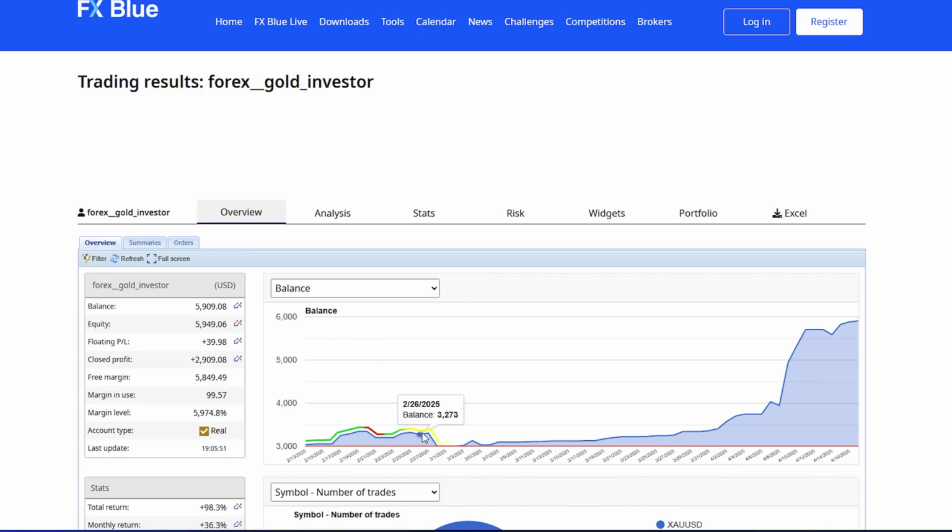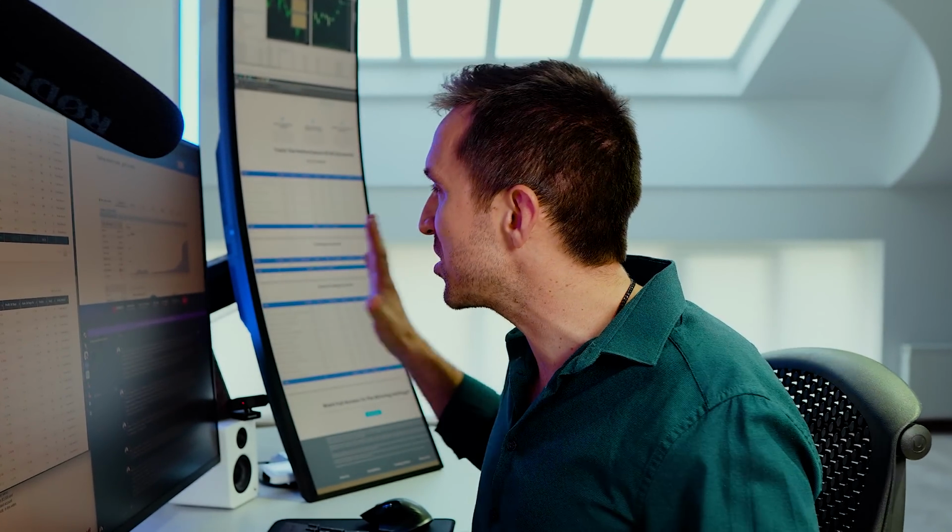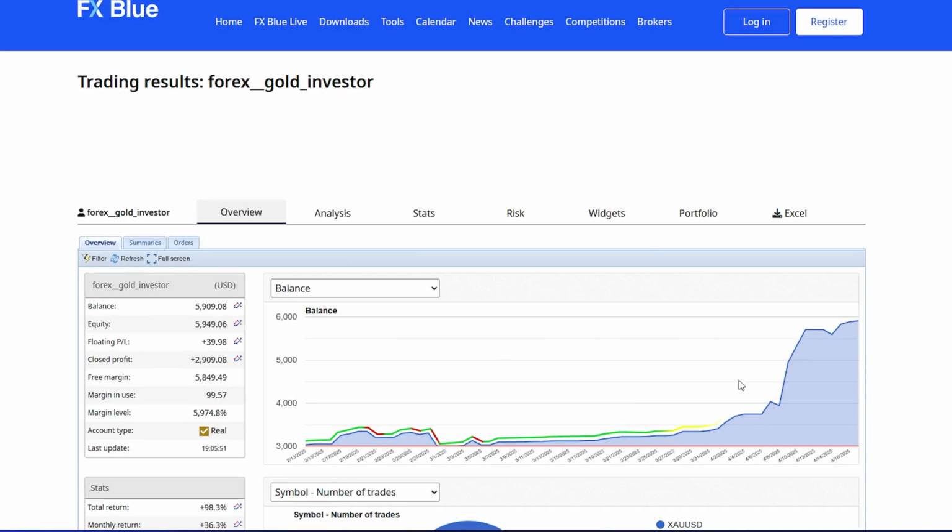It went initially on a profit, then there was a small dip, then steadily it went upwards, and just recently, from the beginning of April, everything that happened on the markets around Trump, all of that volatility when the investors went nearly bankrupt and crazy because everything was up and down crashing, this expert advisor was just grabbing these moves perfectly, and you can see what a great balance line I have in my live account.